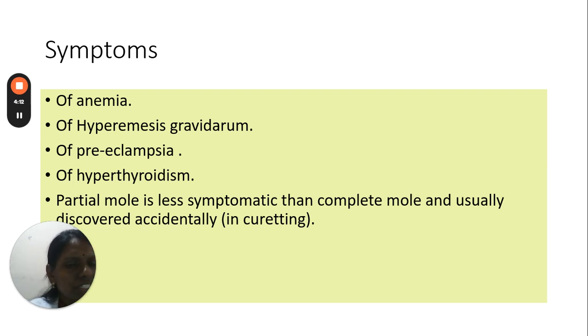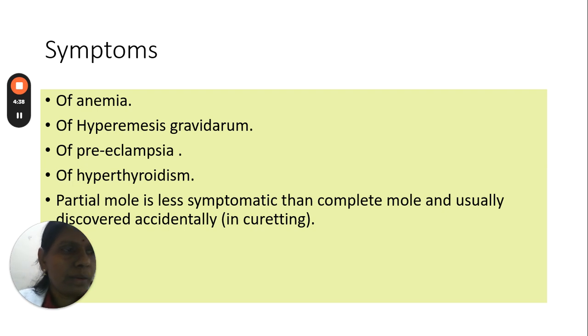The clinical features of complete mole are variable: vaginal bleeding is present, uterine size is larger than the dates, theca lutein cysts are seen in 10 to 25%, medical complications in 6 to 20%, and post-molar gestational trophoblastic neoplasia in 7 to 30%.